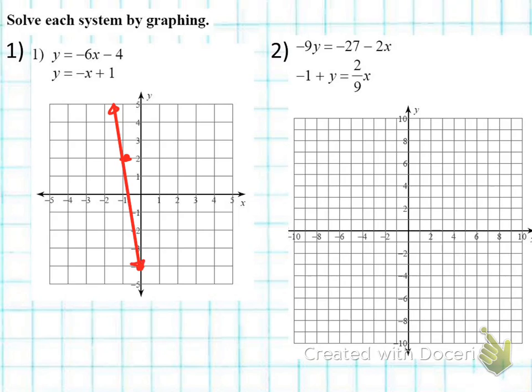The second line now, got +1, slope is -1, so it's going to go down 1, across 1 here, and so forth.